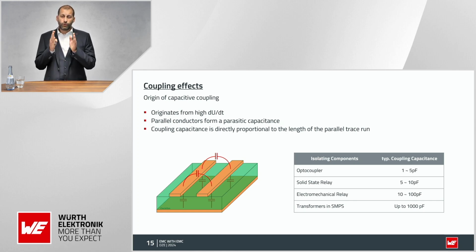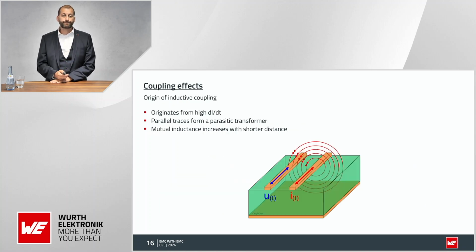Meaning we have two conductors, they build up a kind of parasitic capacitance, therefore you have an electric field and you have coupling. On the bottom side, you will see typical values for, let's say, optocouplers from 1 to 5 picofarad coupling capacity.